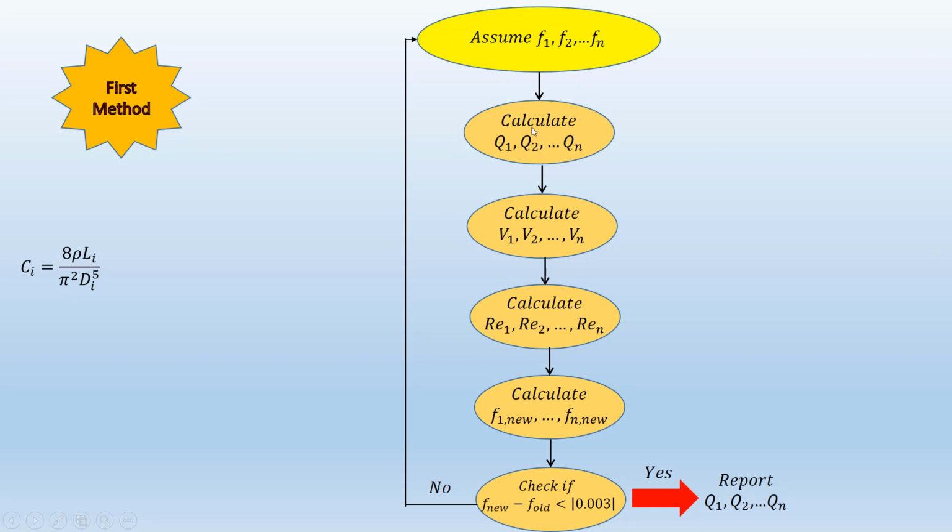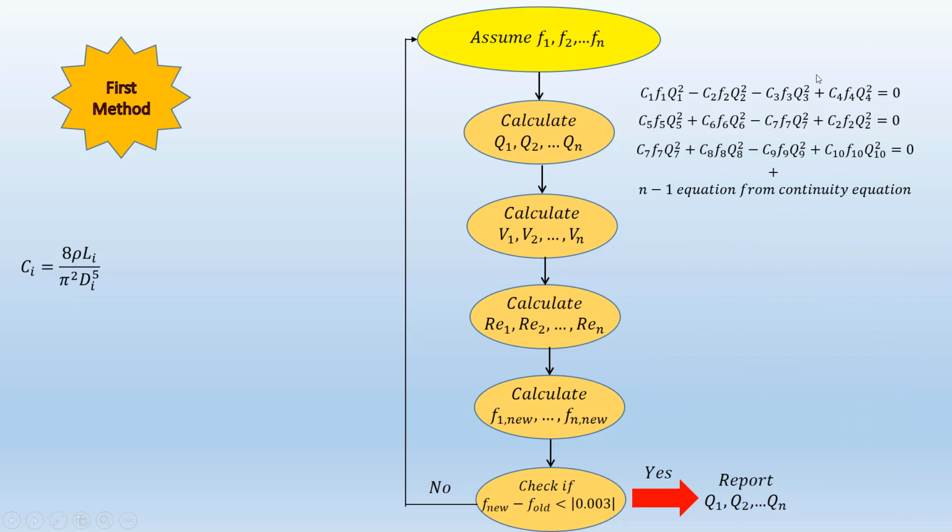For this example, you have three equations for the loops, and you have n minus 1 equations. So you need to assume 10 friction factors, and then you need to solve this process. This is not actually a straightforward method to solve these equations. Why?